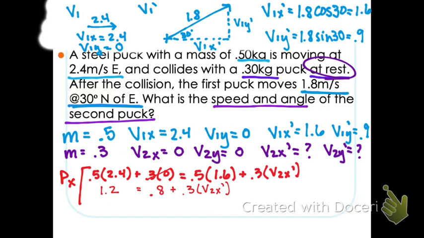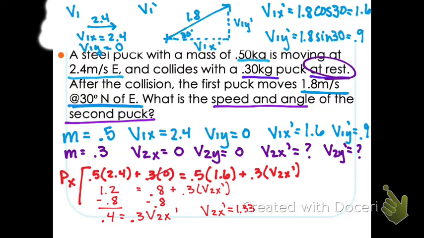So I'm going to combine my like terms with the 0.8 and the 1.2. I'm going to subtract this one over. That gives me 0.4 equals 0.3 v2x prime. And then I'll divide. And v2x prime, I get to be 1.33.